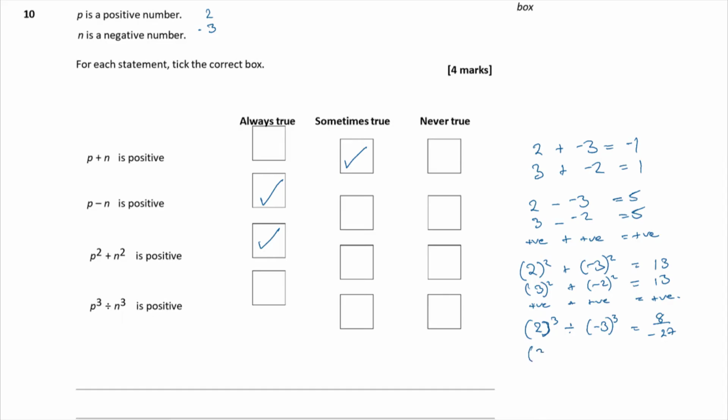If I had 3 cubed divided by negative 2 cubed, then that would be 27 over negative 8, and that would be negative. So is it always negative? Well, this one is always going to be positive, isn't it? And this one is always going to be negative. So you're going to get a positive over a negative, and that is always negative. So that is never true, that one, because you always get a negative number.